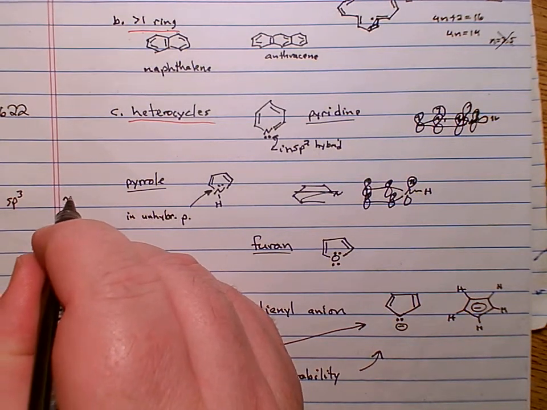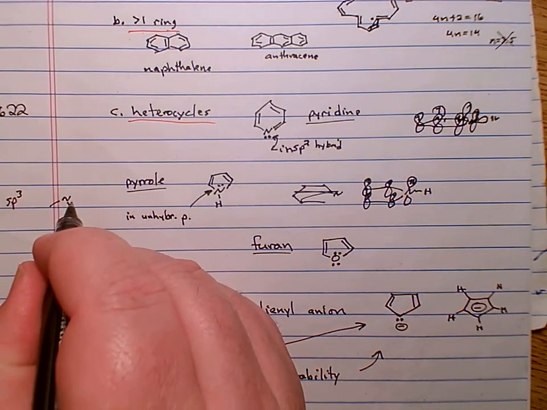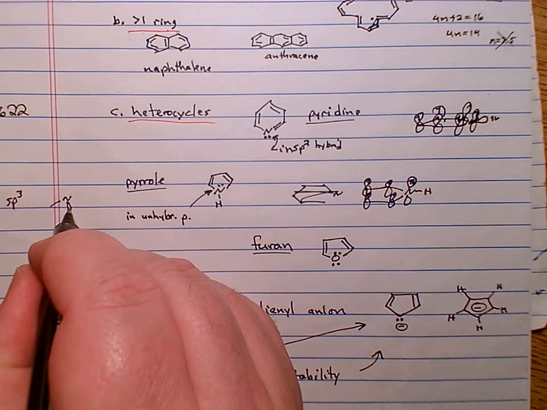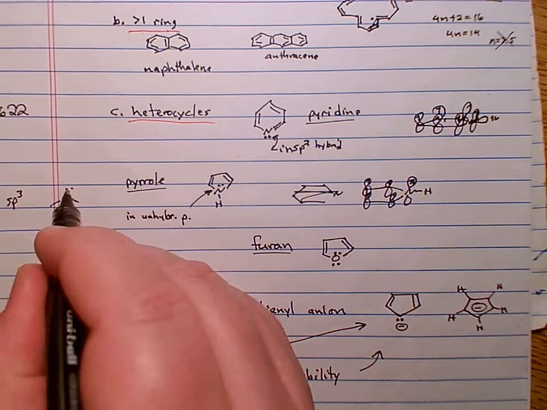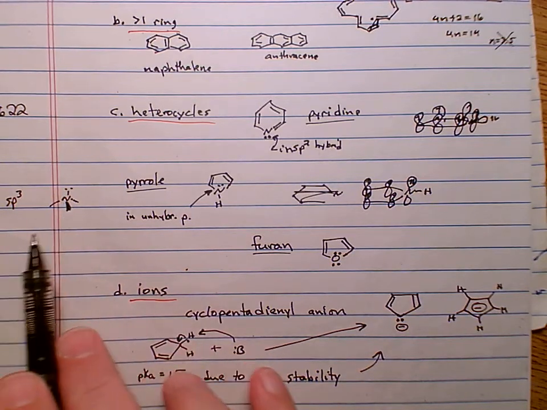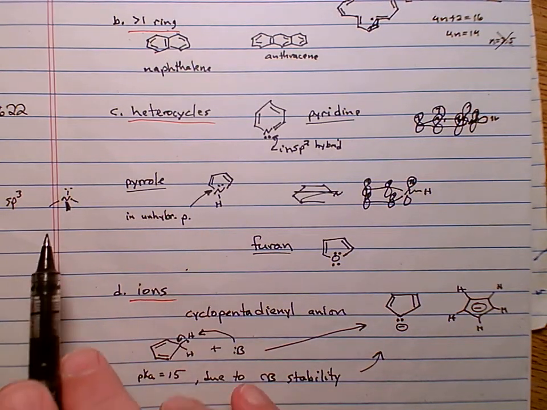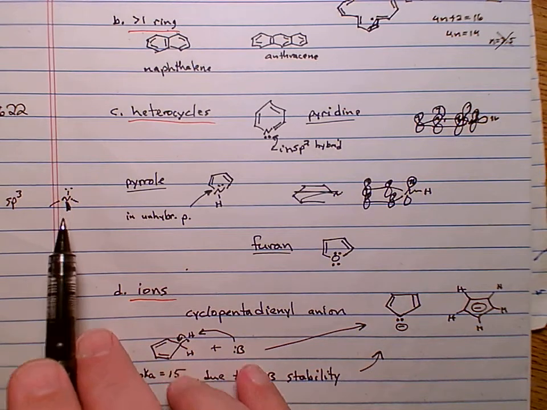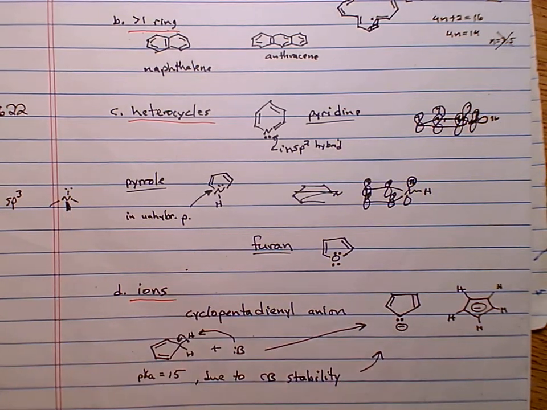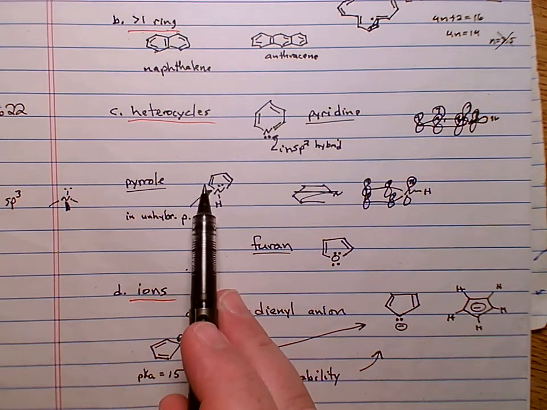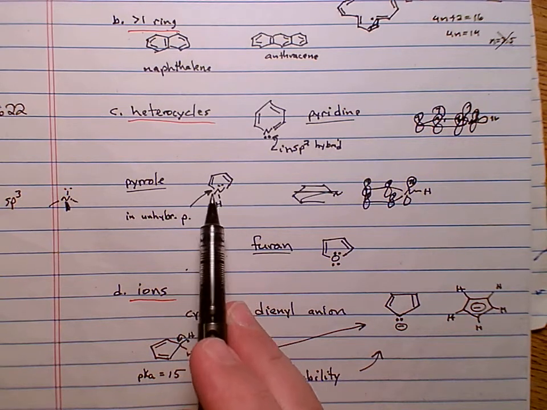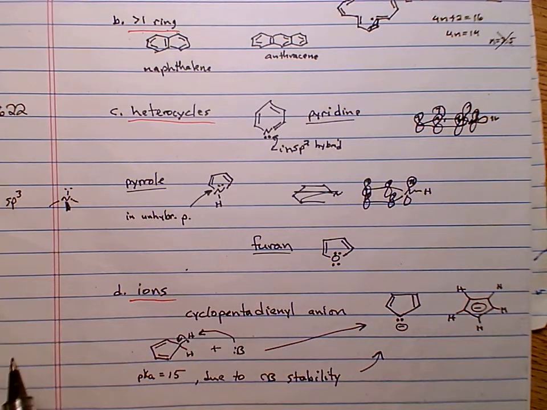Recall, that is a nitrogen with a single bond coming out at us, a single bond back, and a lone pair. That is four electron groups coming off that nitrogen. We'd expect that to be trigonal pyramidal, an sp3 hybridized nitrogen, and therefore no, because then it'd be double bond, single bond, double bond, single bond, single bond, not aromatic.